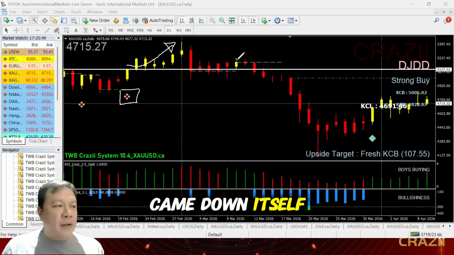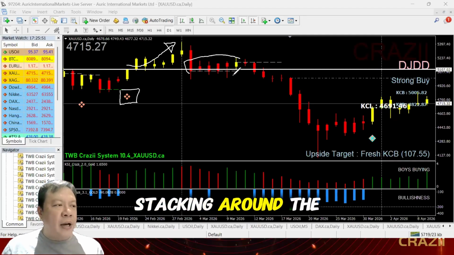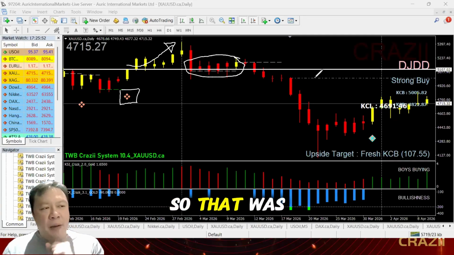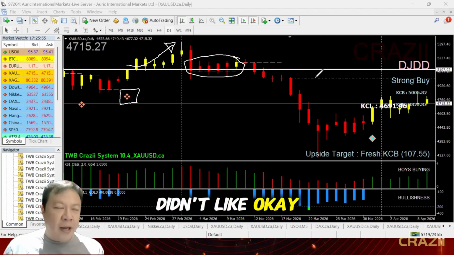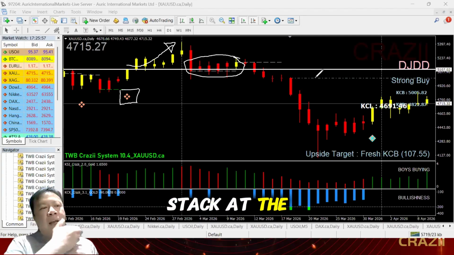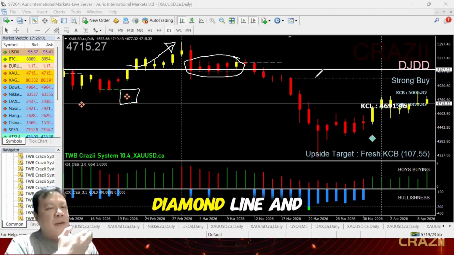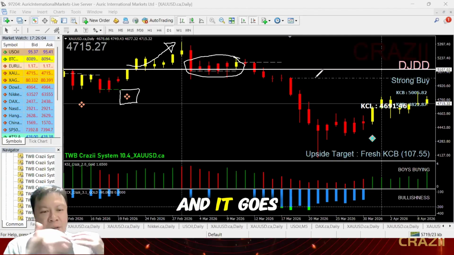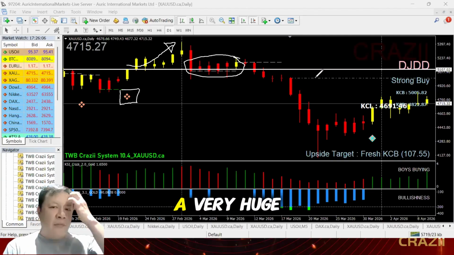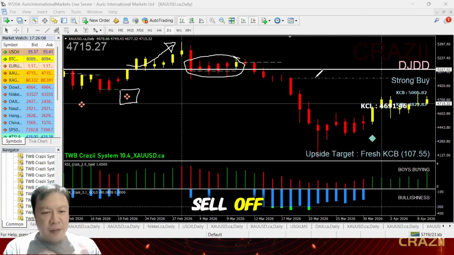But when it came down itself, you notice the gold was stacking around the diamond line. So that was something that I didn't like. When the market stacked at a diamond line, by right, it should go up. But if it stacks around the diamond line and it fails and goes down instead, this will be a very huge sell off. Can you understand this?